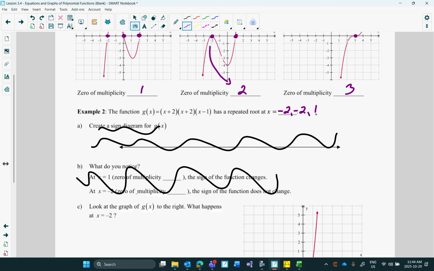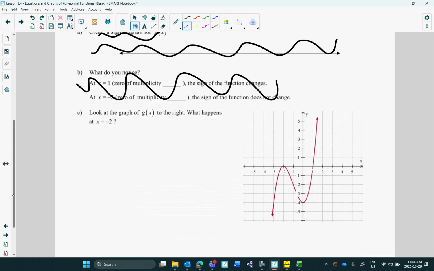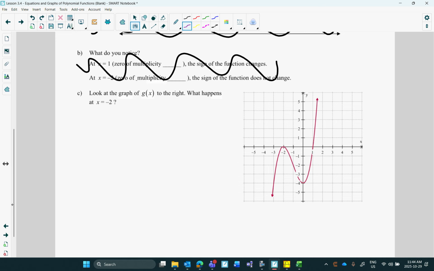Okay? When it happens twice like this on the graph, it's going to bounce back. So whenever you see a factor that happens twice, or an x-intercept that happens twice on the graph, it's going to bounce back. And it could bounce down if it's going up, or it could bounce like that, depending on the graph.